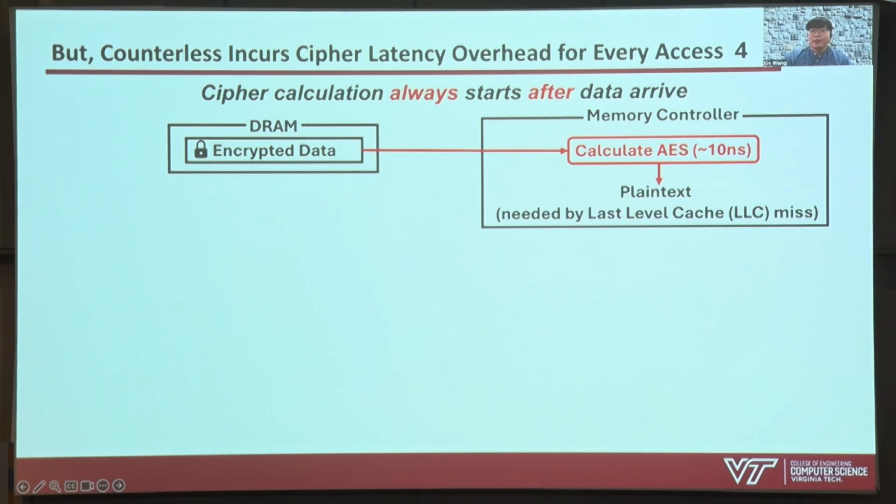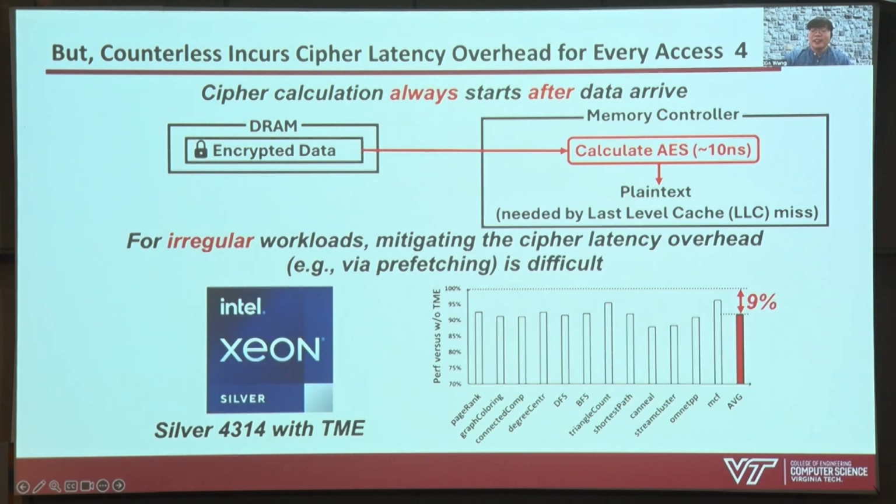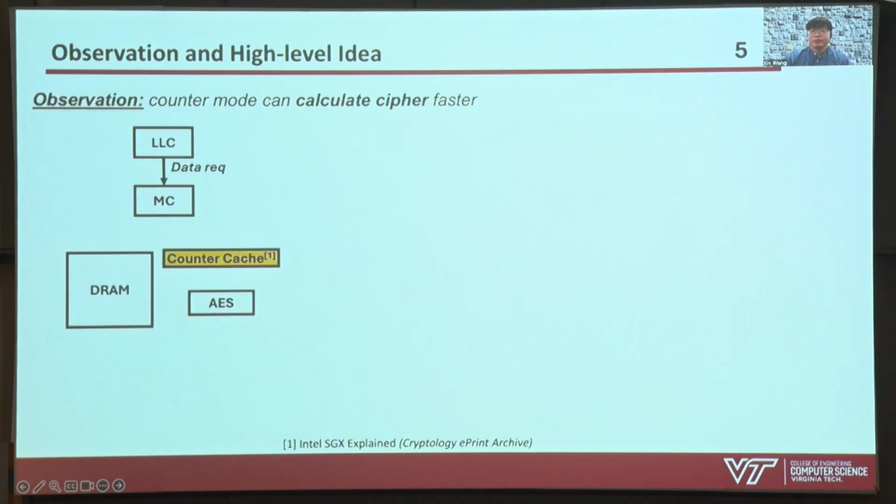CPU prefetching can mitigate this AES latency overhead for regular workloads, but cannot mitigate it for irregular workloads. We evaluate the performance of irregular workloads on counterless encryption in an Intel Silver CPU with TME. With TME turned on, the average performance drops by 9% normalized to without encryption.